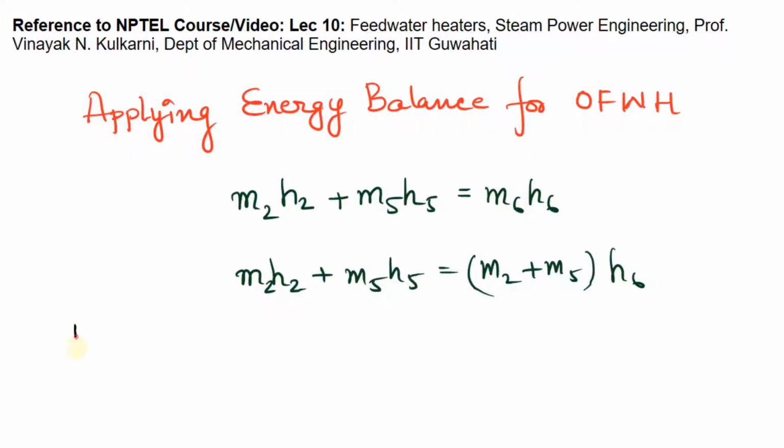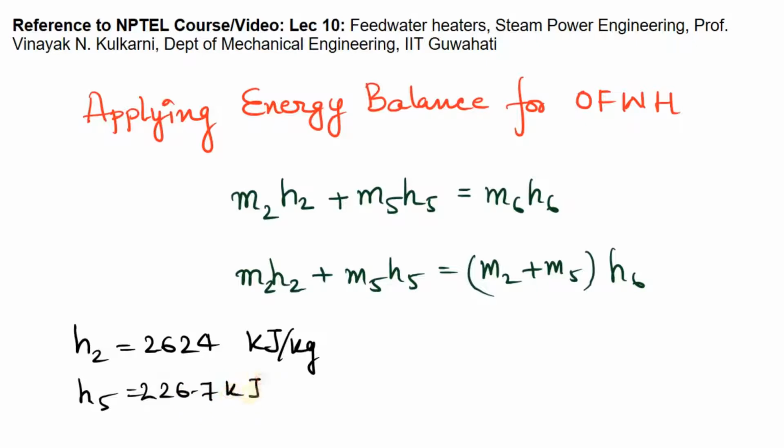Now the values are given in the problem. So H2 given to us is 2624 kJ per kilogram. H5 is given as 226.7 kJ per kilogram. H6 is 708.6 kJ per kilogram.